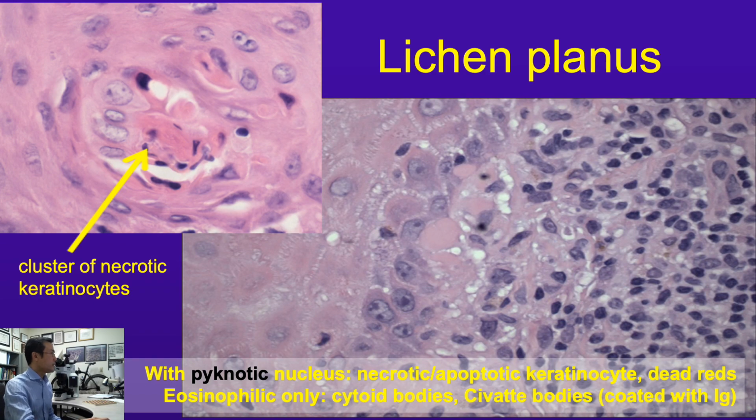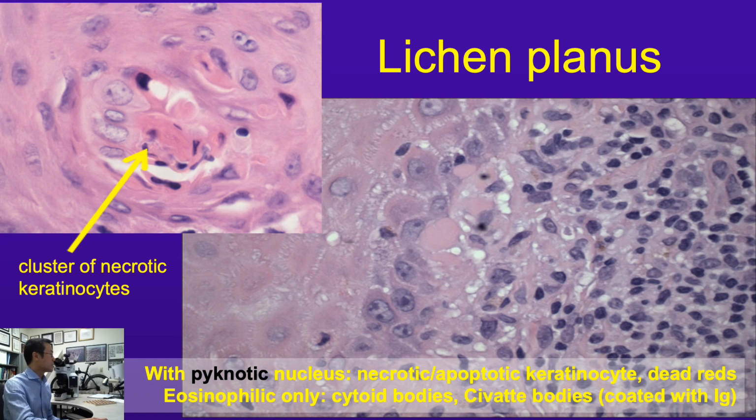Sometimes the dying keratinocytes are single, sometimes they're clustered, and again, sometimes you'll see the pyknotic nucleus, but it depends on the angle of sectioning. A variety of terms have been used to describe these cells. In lichen planus, at least, the mechanism is understood to be apoptosis or programmed cell death, but keratinocytes that are dying from other causes look morphologically the same.